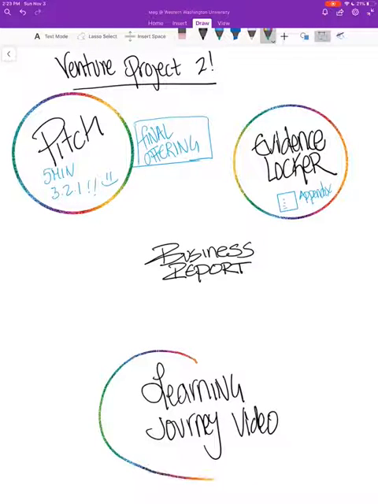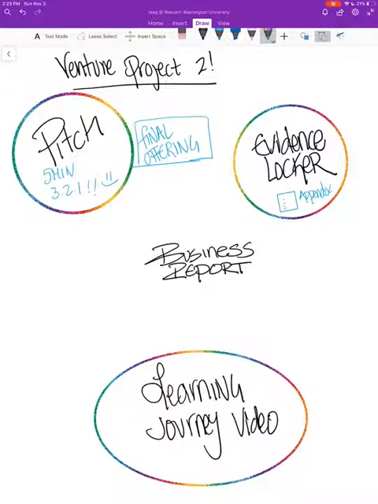The third part is that learning journey video. The learning journey video dives deeper into the project than what we simply see within the pitch. It talks about teaming, how your team got along with each other, as well as how you got the actual work done that was required of the project.